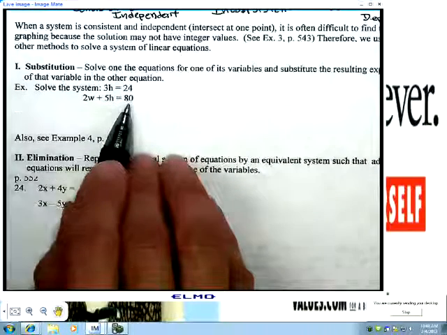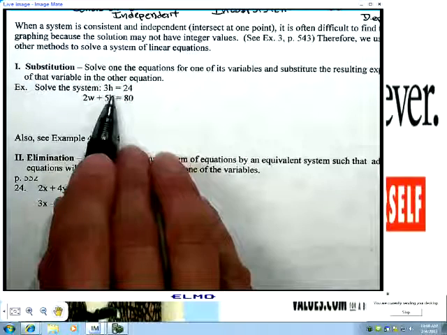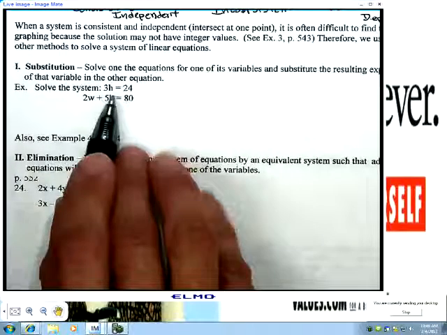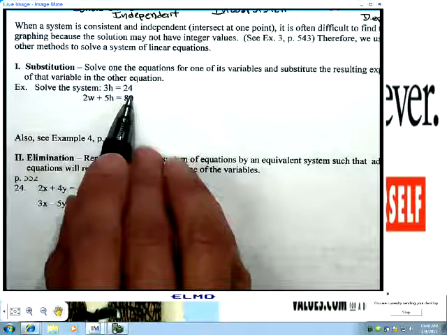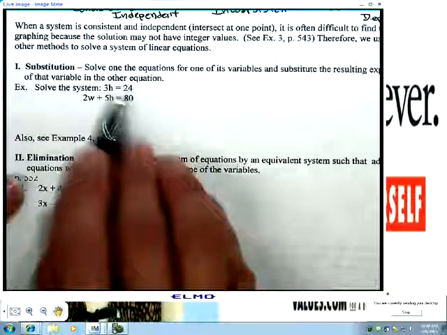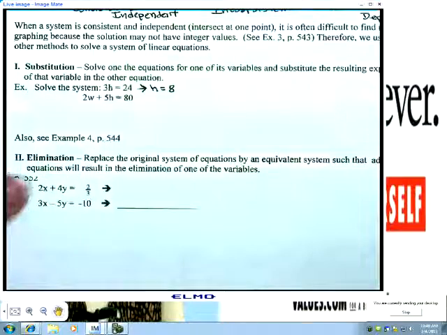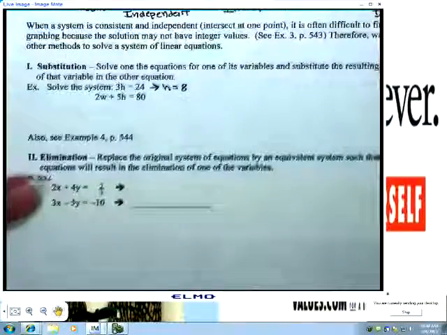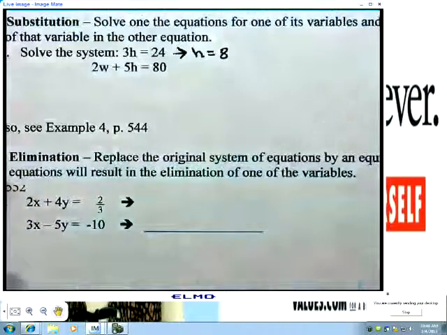I have two variables, w and h, but the first equation only has an h in it. If you tell me 3h is 24, then immediately I know something. What is it? H is 8. This equation is very easy to solve by substitution because you can immediately get the value of one of the variables.